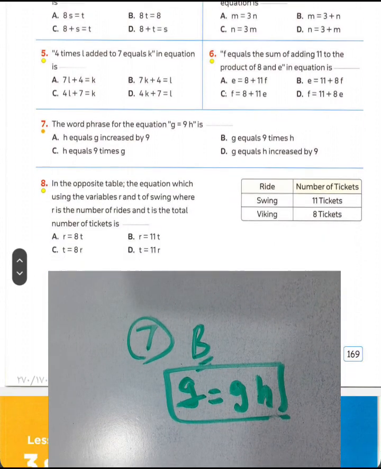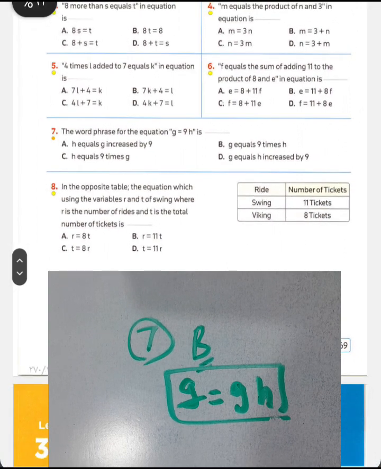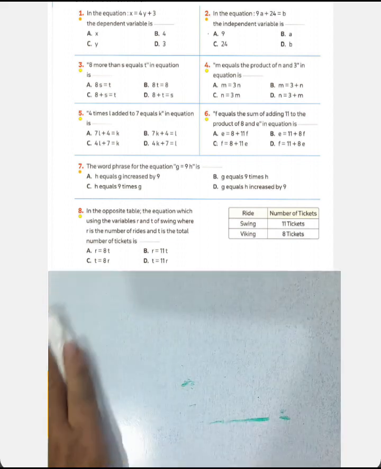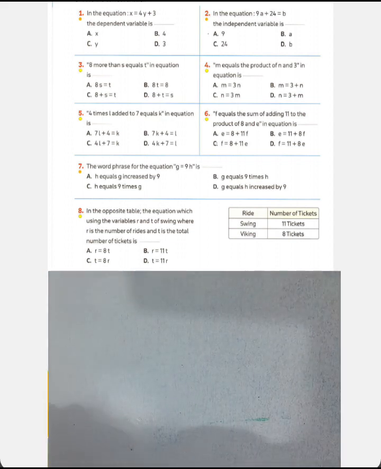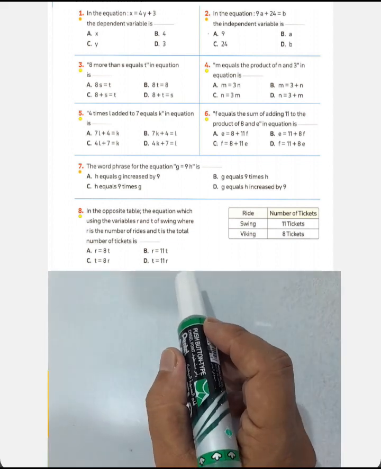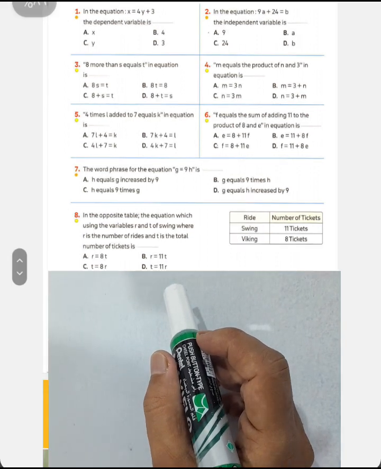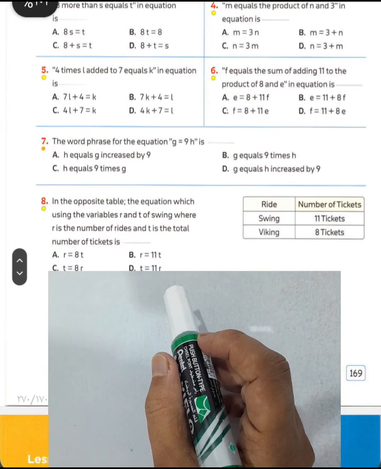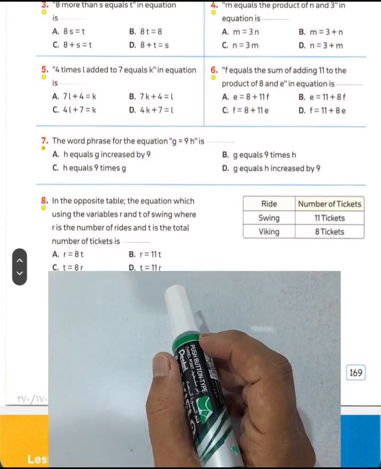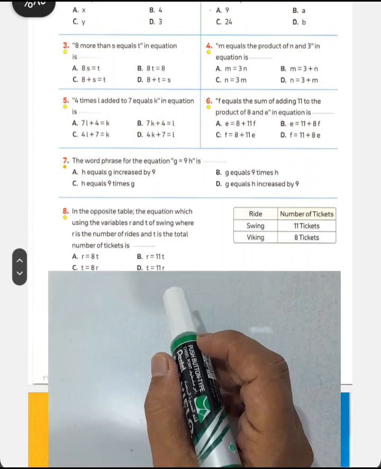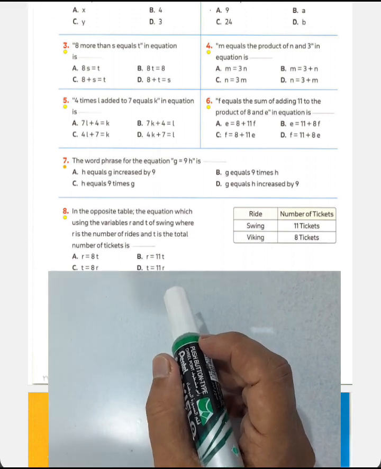Question number 8. In the opposite table, which equation uses the variables R and T, where R is the number of rides and T is the total number of tickets?